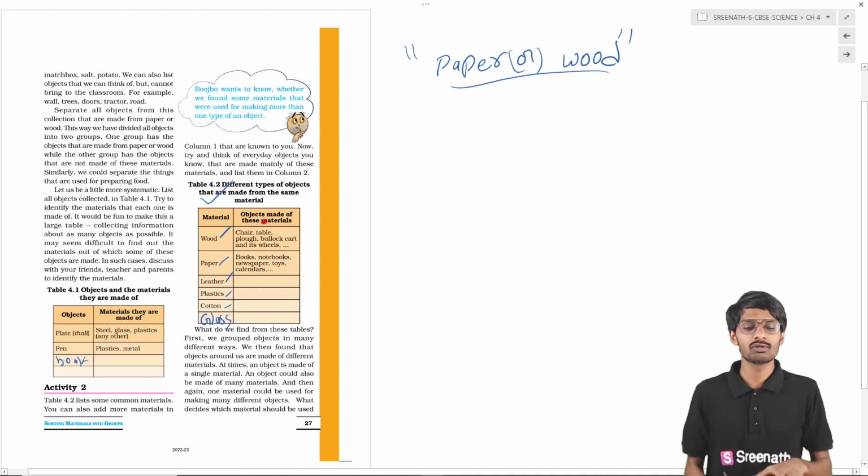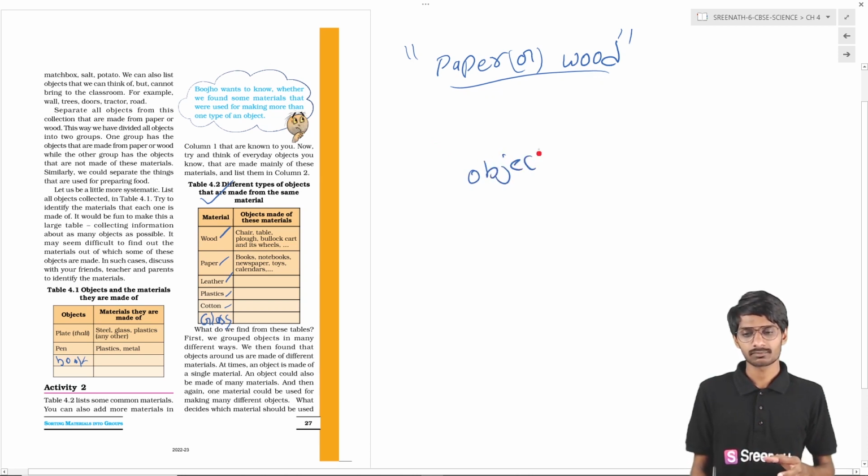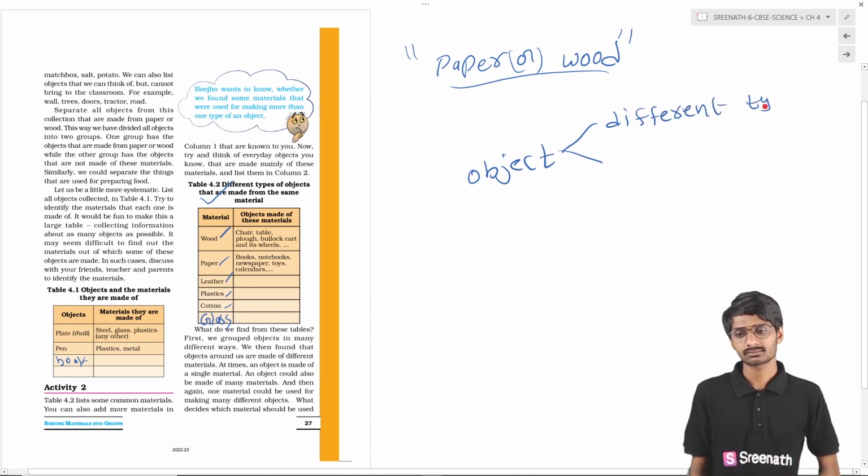In this way you have to group them and complete this. So finally, what is our conclusion? In some cases, what happened? Sometimes an object is made using different types of materials.